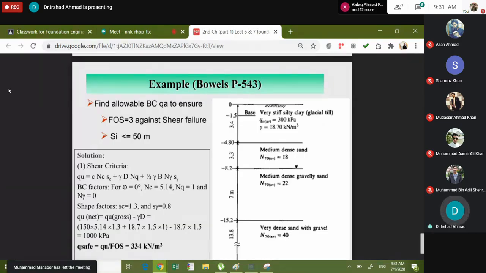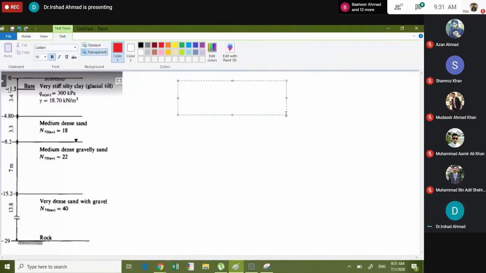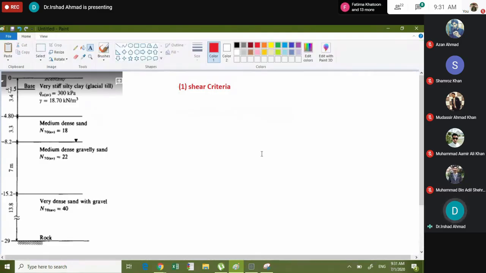So let's first come to the shear criteria. The width of the footing is given, this is the base of the footing, at 1.5 meter.